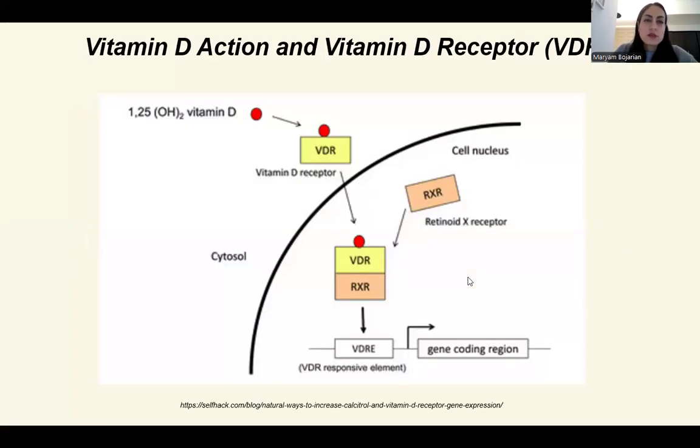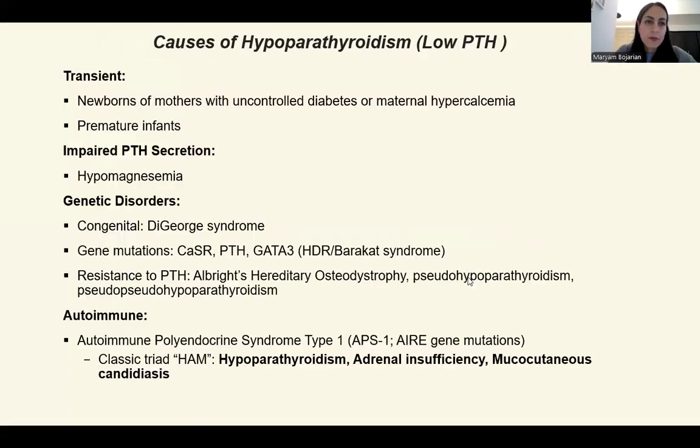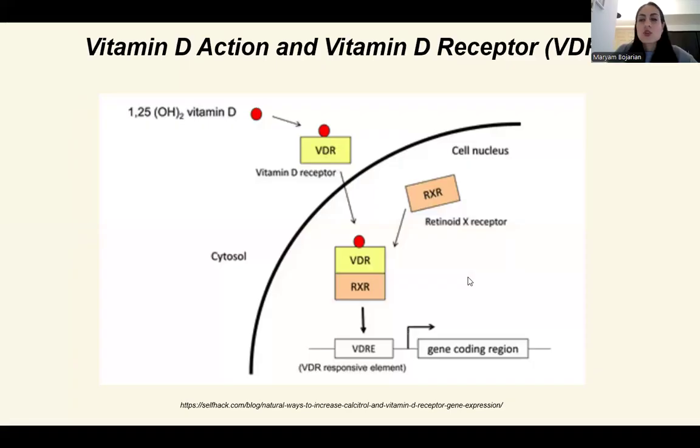So regarding vitamin D action, vitamin D works not just by circulating in the blood, but by binding to a specific nuclear receptor inside target cells. This receptor is called the vitamin D receptor and is encoded by the VDR gene. And what activates the vitamin D receptor?